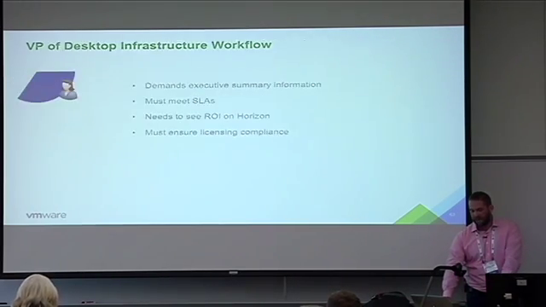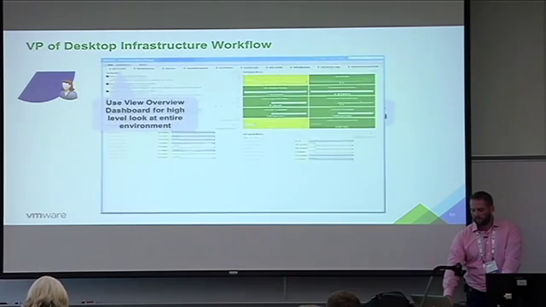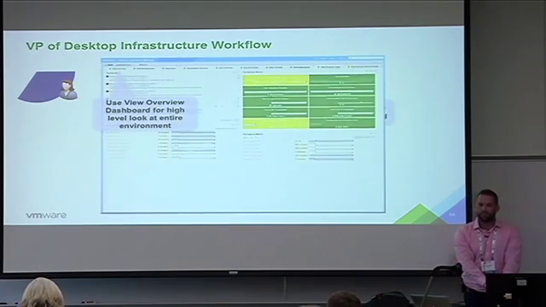And the VP of desktop, so again, be able to use that dashboard. The overall Horizon Pod dashboard, the overview one, to get from a very high perspective how well my EUC environment is running. Do I have problems? Do I need to ask, okay, why am I almost running out of capacity?